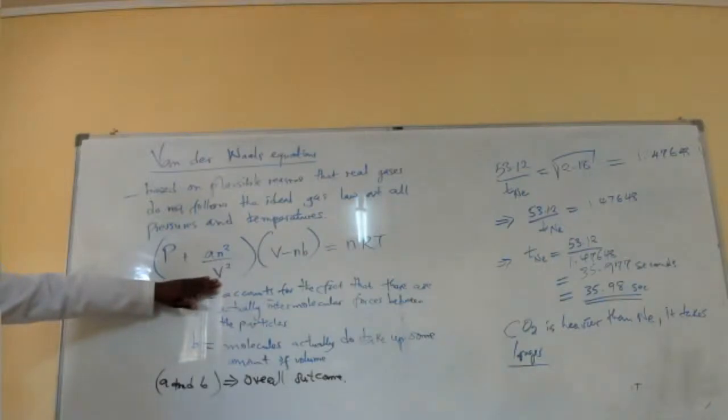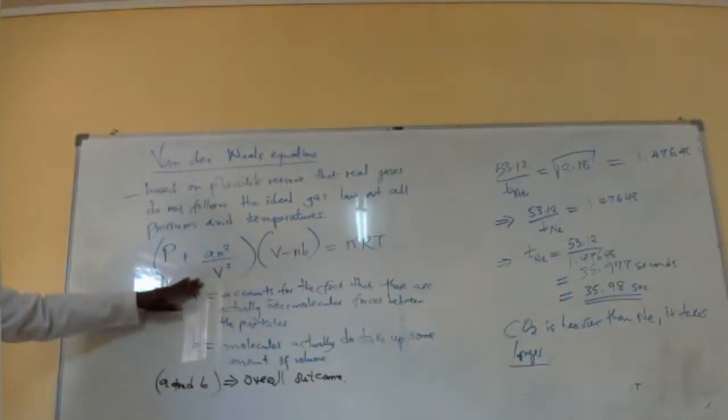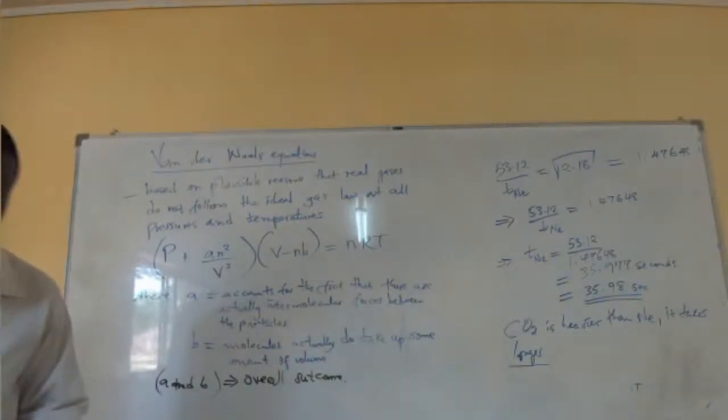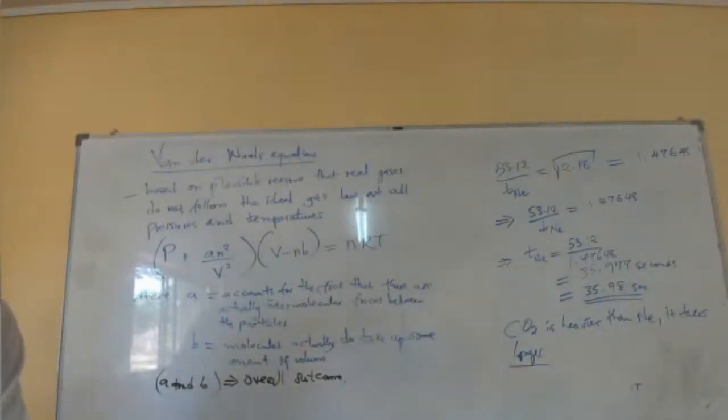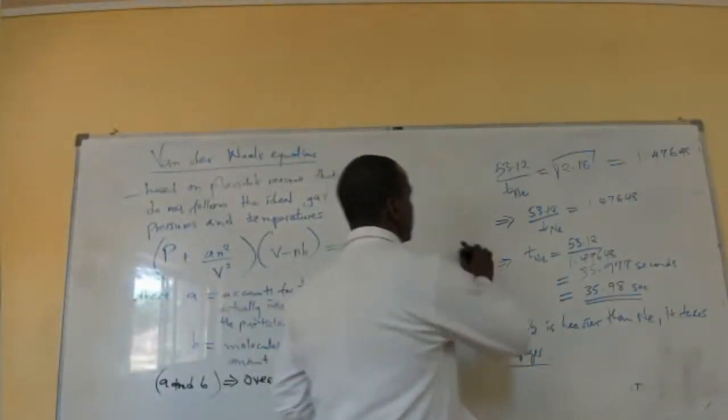So this is to account for the volume change, and also to account for the fact that these molecules actually do attract. So if they are repelling, they are going to affect the volume. If they are attracting, still more, they are going to affect the volume. So let's have an example to just try and see how the van der Waals equation can be utilized.